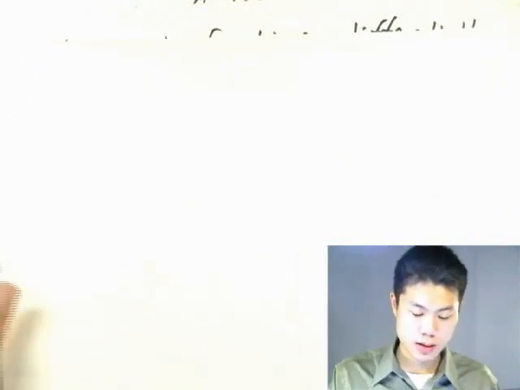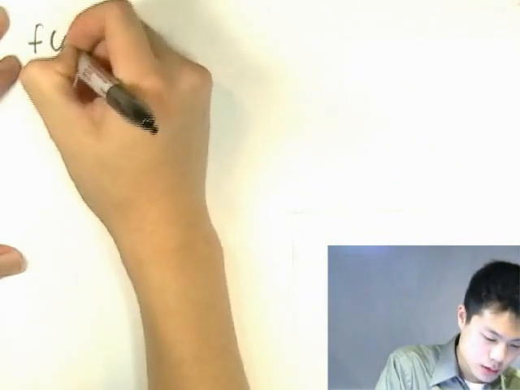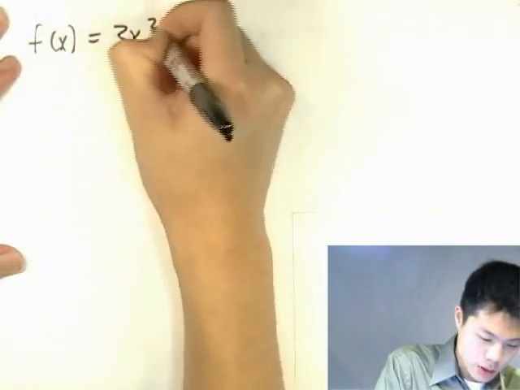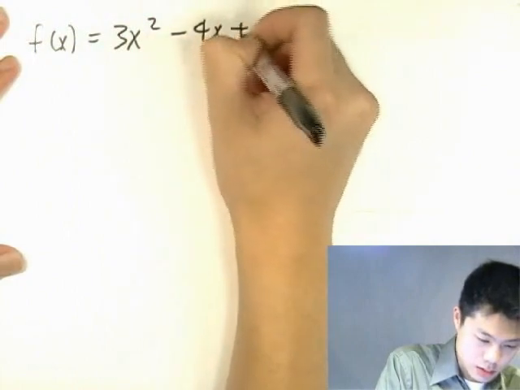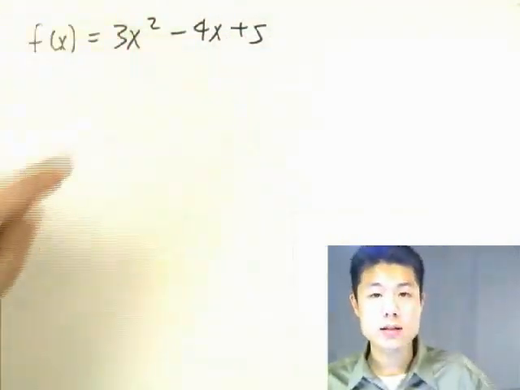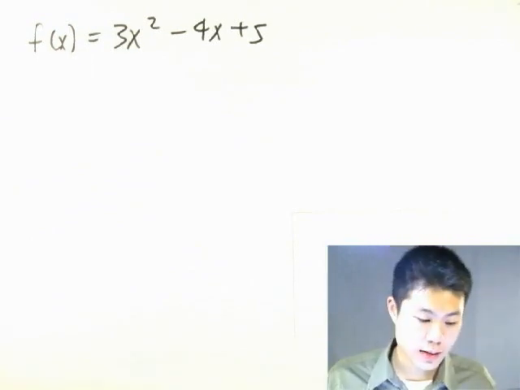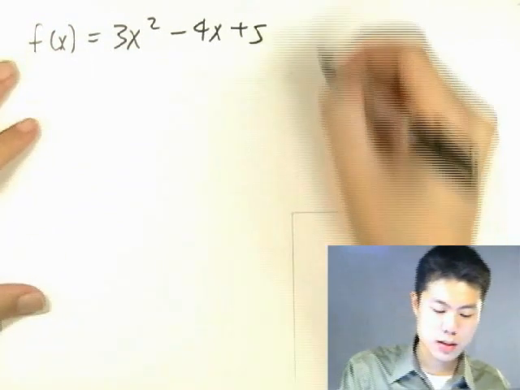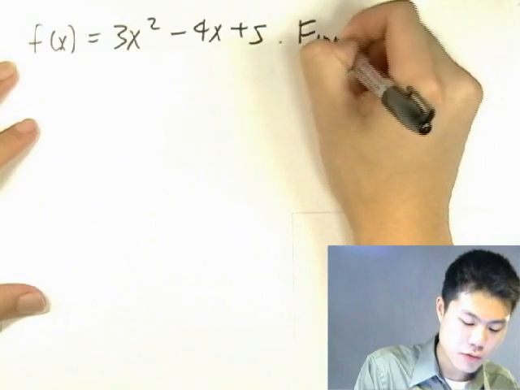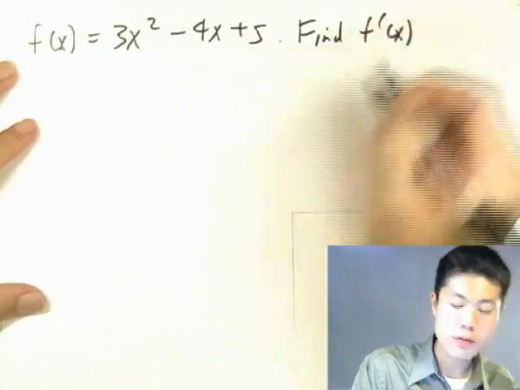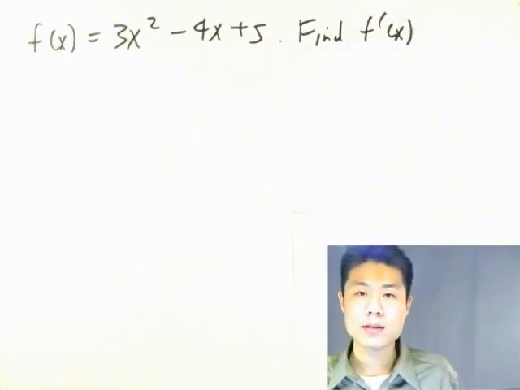So let's do an example. Say we're given this function, 3 times x squared minus 4x plus 5. And the directions say find the derivative of f of x.